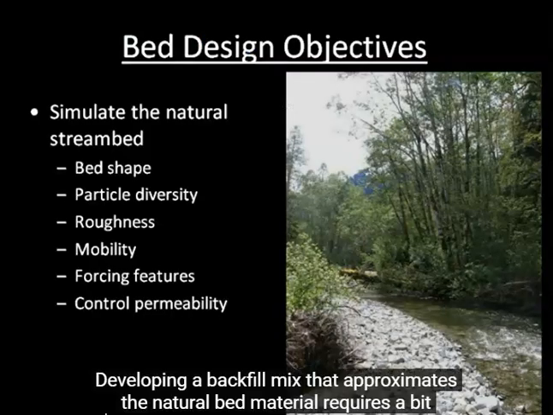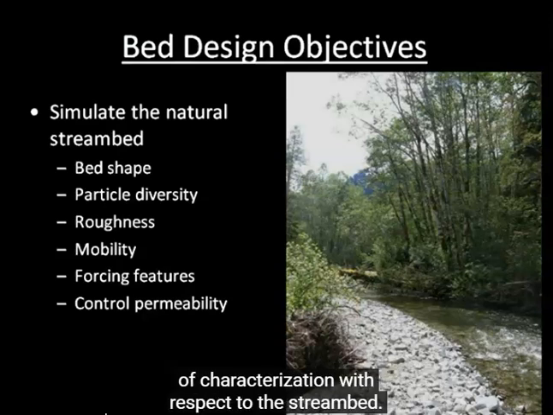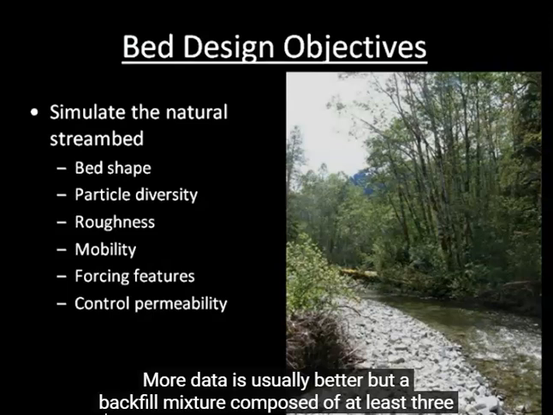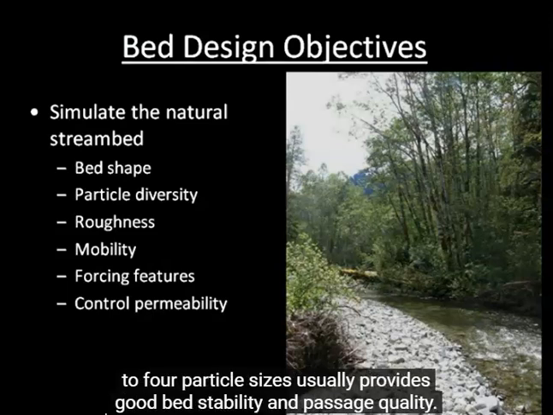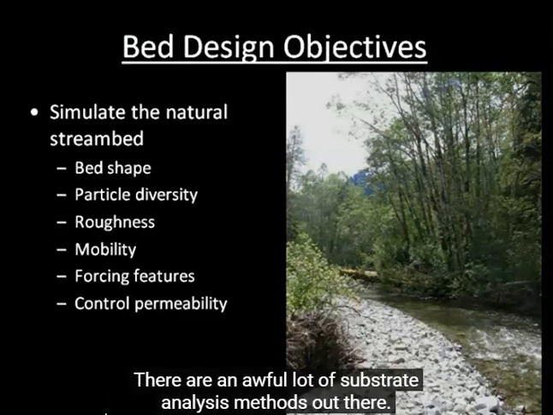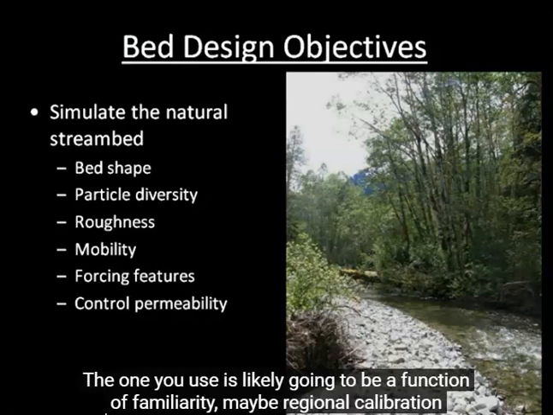Developing a backfill mix that approximates the natural bed material requires a bit of characterization with respect to the stream bed. More data is usually better, but a backfill mixture composed of at least 3 to 4 particle sizes usually provides good bed stability and passage quality. There's an awful lot of substrate analysis methods out there. The one you use is likely going to be a function of familiarity, maybe regional calibration or ease of use.